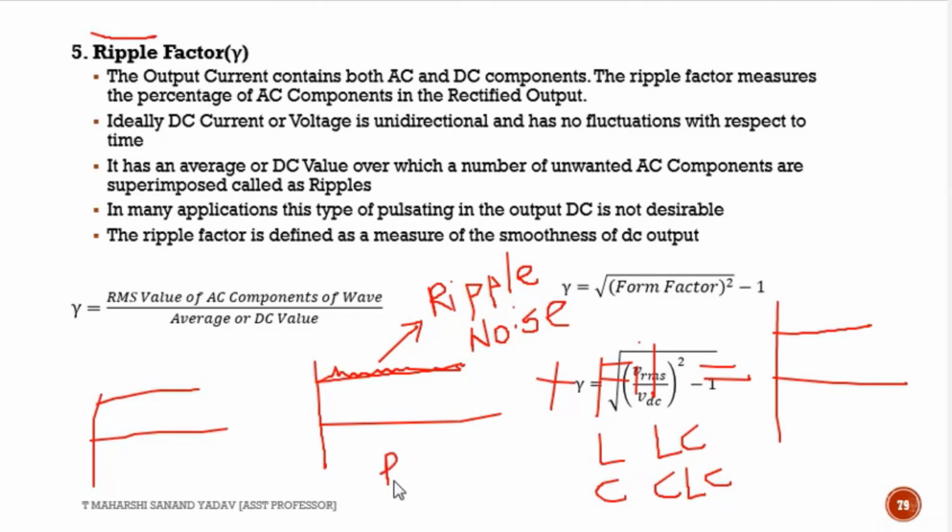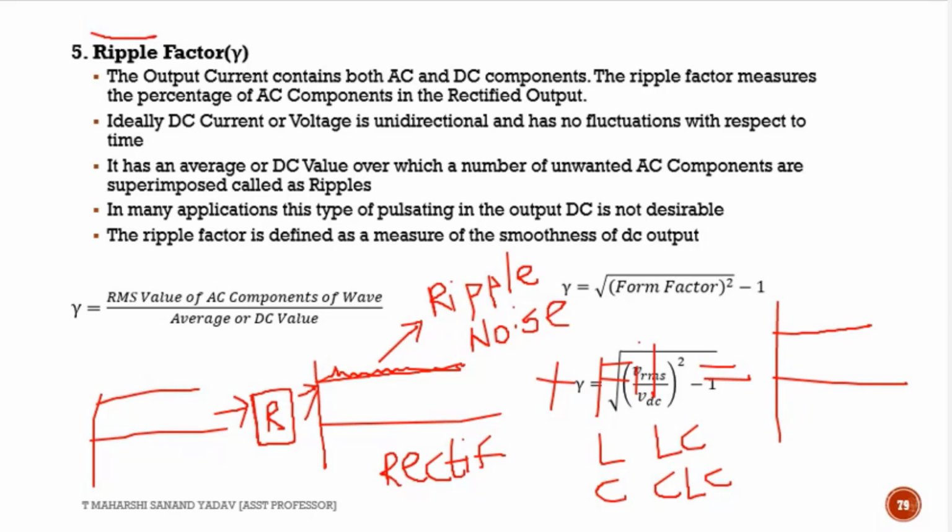Suppose this is the rectified output that I got after passing it through the rectifier. Okay, so better I'll use here a rectifier and give some random input, and I got this as the output. Suppose this is rectified. If this rectified output contains both AC and DC components, tell me where is AC and where is DC in this rectified output?